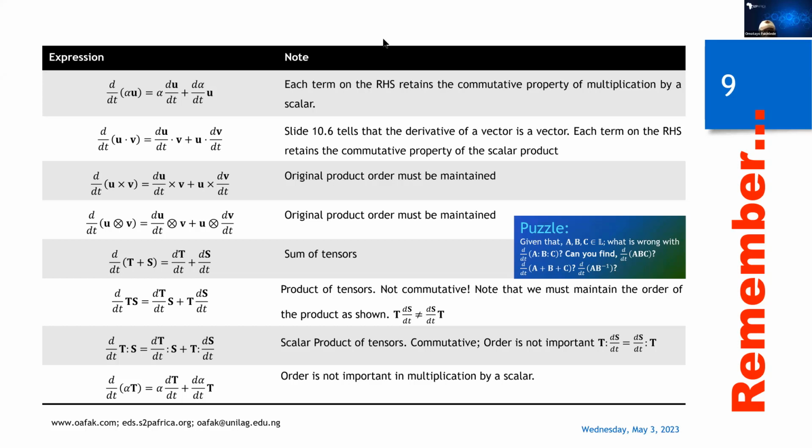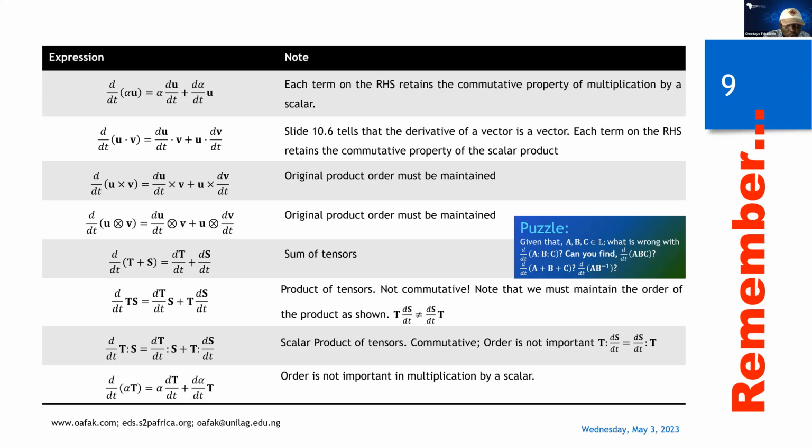So let me tell you what you are going to do. I will do the first and the last. The first one is number 1, and I will say it is commutative. So 1, C. The number 8 is also commutative. That is, it doesn't matter whether you turn T and S around, whether you turn U and B around.